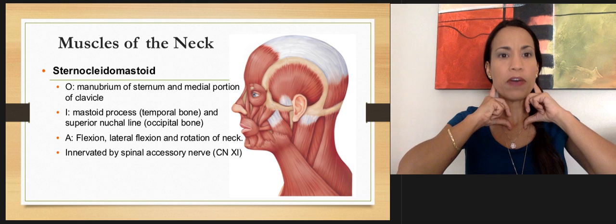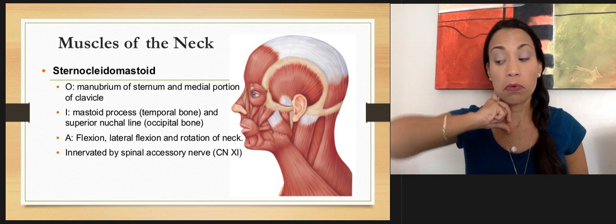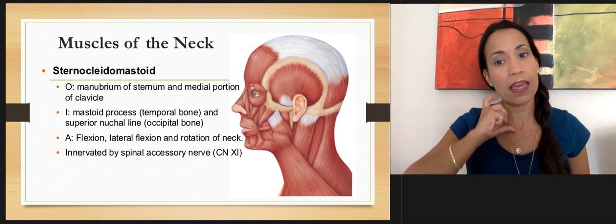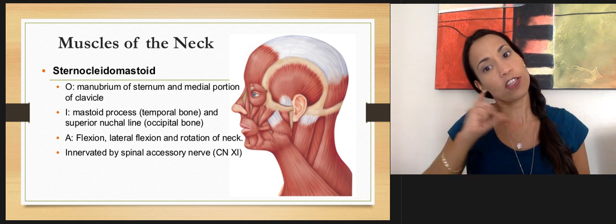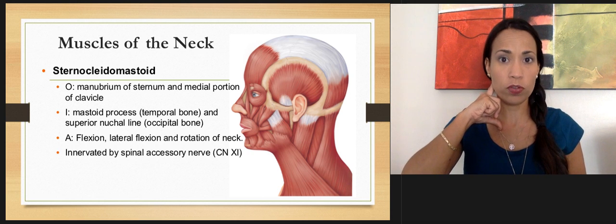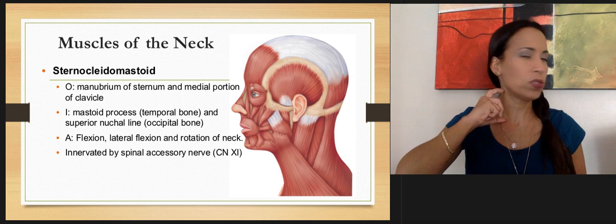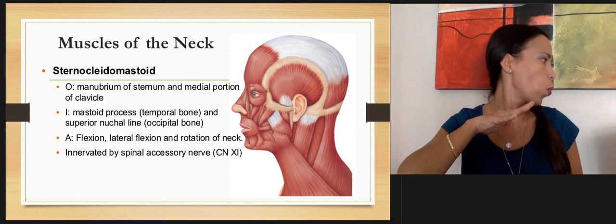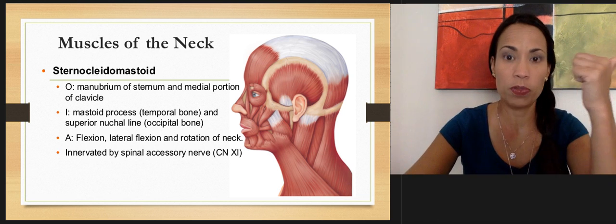Now, what happens if I just contract one? The right one. So if I contract one, I can do lateral flexion. This is lateral flexion, like bringing your ears towards your shoulder. But I also can rotate your neck towards the opposite side.